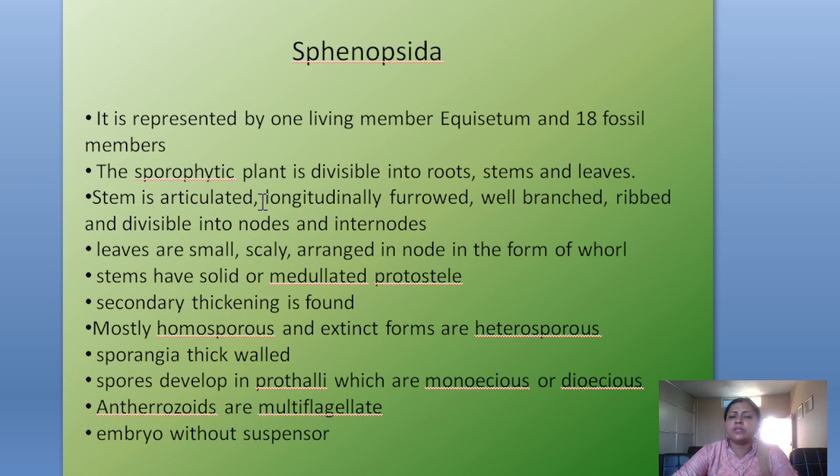Then comes the Sphenopsida. It is represented by one living member, Equisetum, and 18 fossil members. So only a single living member is there, called Equisetum. In the main plant body, it is also divisible into root, stem and leaves, and the stem is articulated. On the main stem you can see small ridges and longitudinal furrows, and it is well branched.